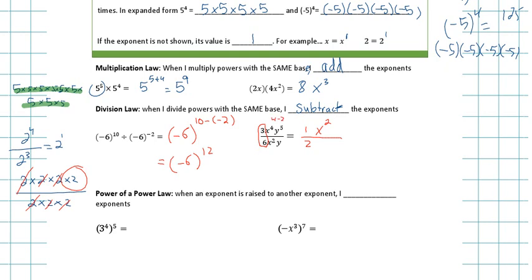For the y's, 5 minus 1 is 4. So your answer is x squared y4 over 2. If you want to write this neatly, basically this is how it should look. Are you okay with this? At the back? We're good?